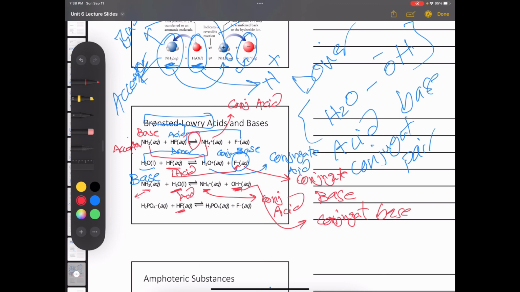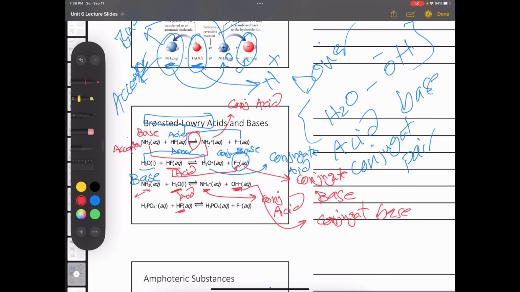If you were to apply the Arrhenius definition for acid and base, the definition would not really be able to explain which one will be the acid and which one will be the base. Bronsted and Lowry can explain and can identify which substance is the acid and which substance is the base based on proton donating and proton accepting.